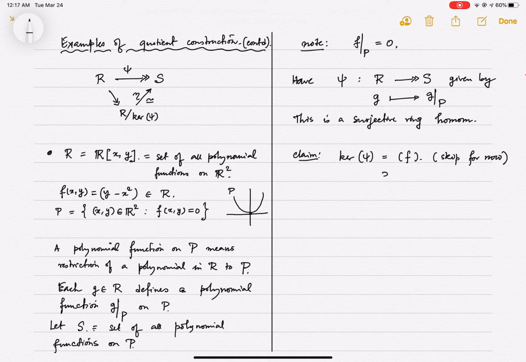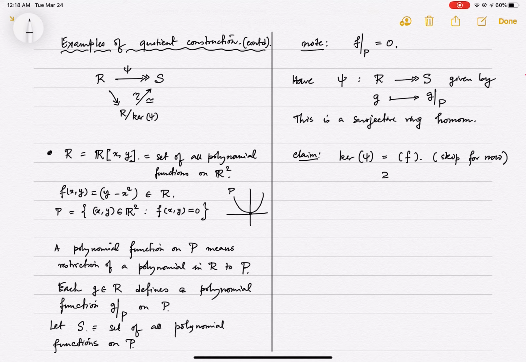But this inclusion is clear, because when you restrict f to P, you get the zero function tautologically. So psi of f is 0, which means that f is in the kernel. So all multiples of f are also in the kernel.